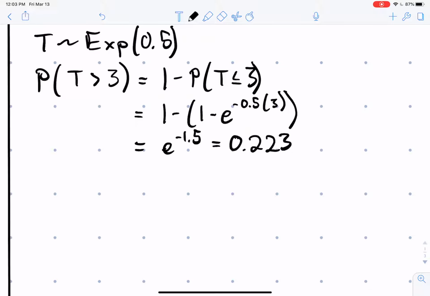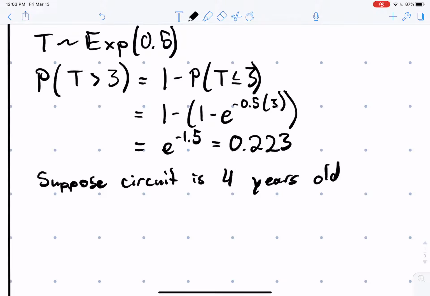So moving on to the next example. Suppose the circuit is 4 years old already. So you might think that it is more likely to break, but that's not the case, as we'll see here.